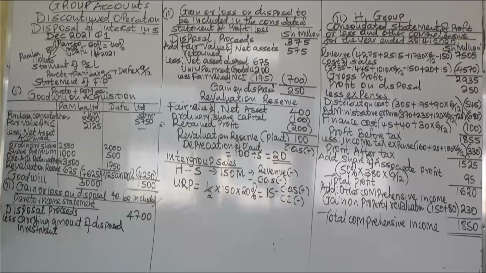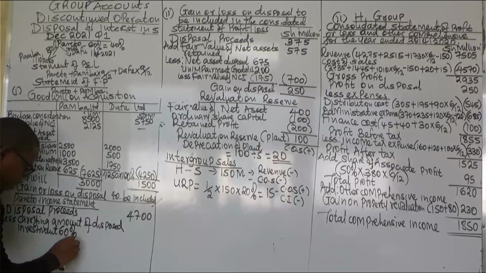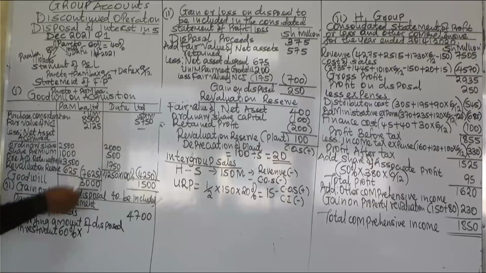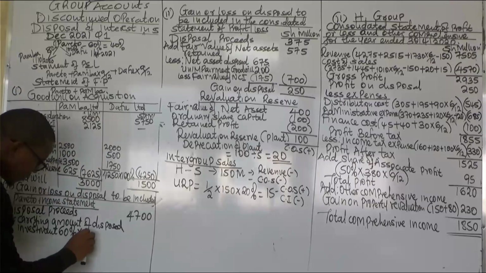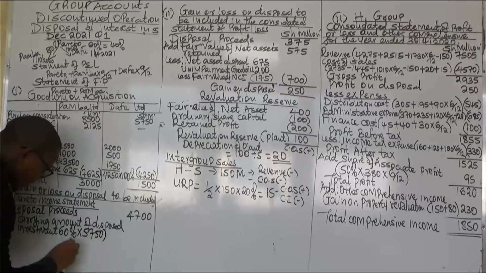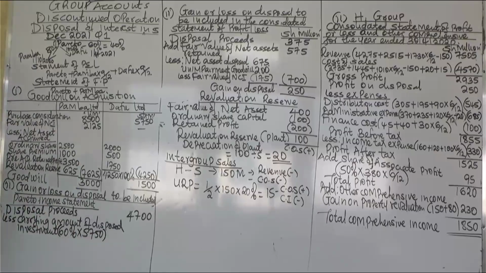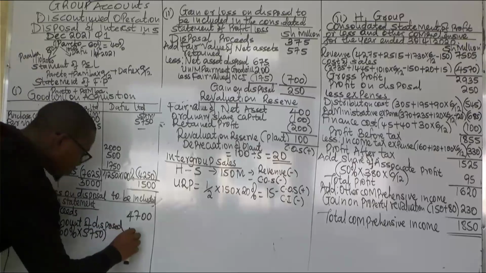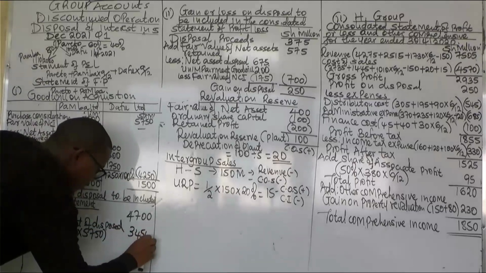The carrying amount of the disposed investment: he disposed 60%, so you just take 60% of the purchase consideration, 57.50. How much is it giving you? 0.6 times 57.50. This will be 34.50.